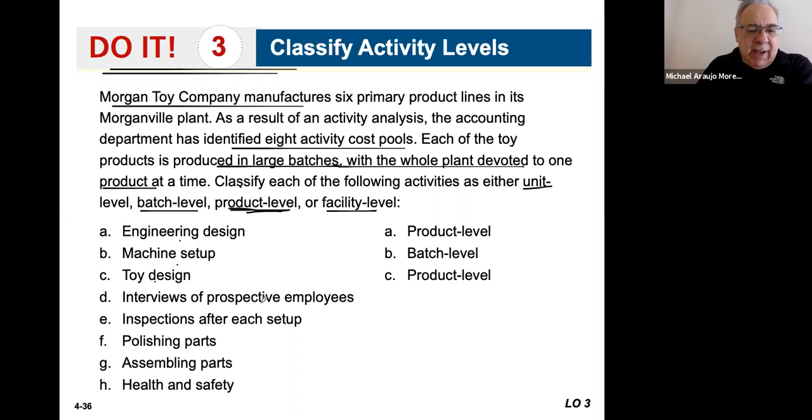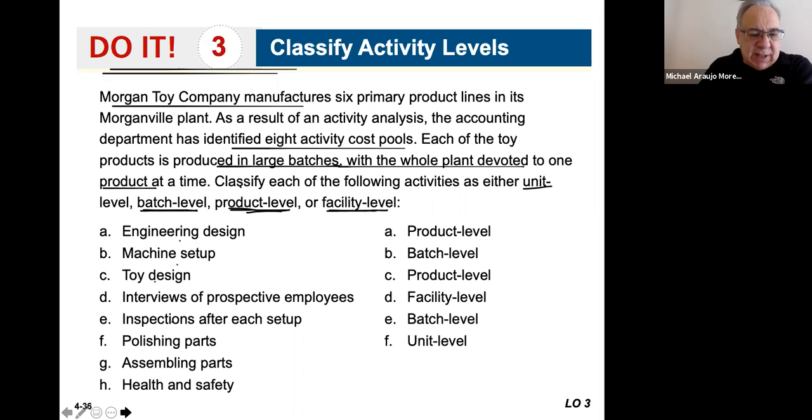Getting the employees in place, interviewed and hired, is basically you need employees to run the facility. So this would be considered a facility level activity. Inspections after every time things are set up happens every time a batch is run or prepared to be run. So that's a batch level activity.